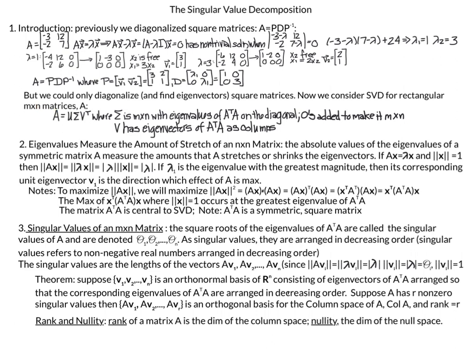It's for rectangular matrices. So we're taking this matrix A and we want to factor it into a product of three matrices, and similar to diagonalization, this matrix V is going to have the eigenvectors of A transpose A as columns. Why A transpose A?